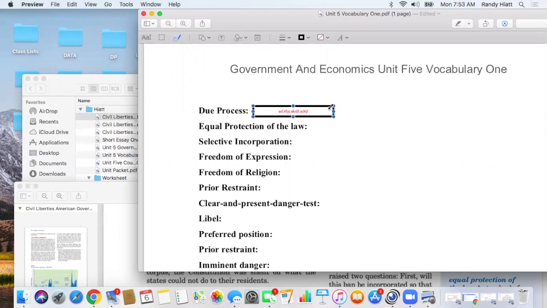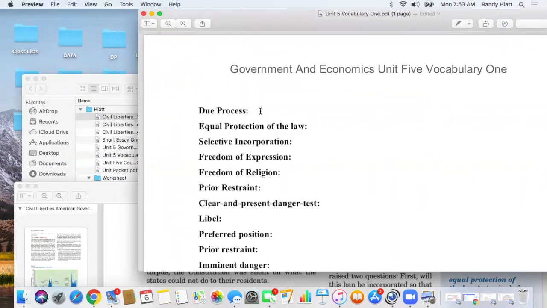You just do it like that. There are multiple ways to edit this, but if you can't, then it's quite all right just to do this in a Google Doc. But if I wanted to do it here, I can do that.